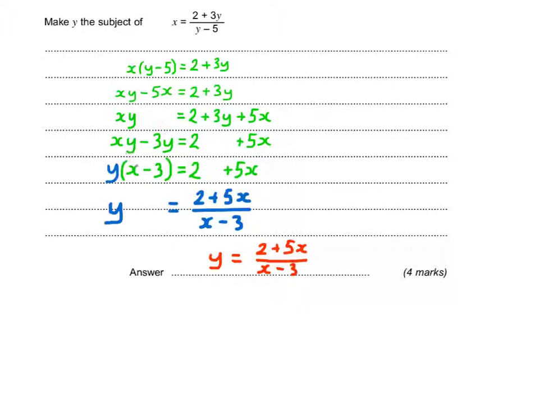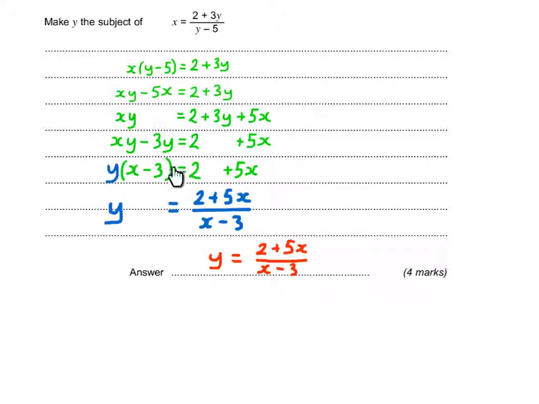Both of those terms divide by y, so I can take a y outside the bracket. Inside the bracket, y times x gives x, and y times minus 3 gives minus 3. So that's the same as y times (x minus 3) equals 2 plus 5x.